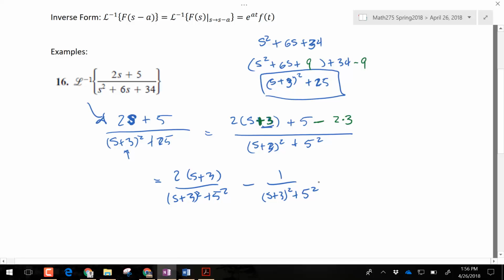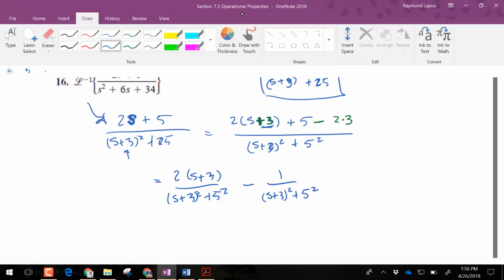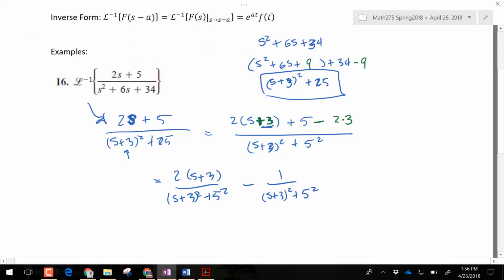I guess there's probably one more thing that I'd like to do here before I run it through the inverse transform. What's that? This doesn't quite look like the inverse transform that we want. How do we make this match our inverse transform?